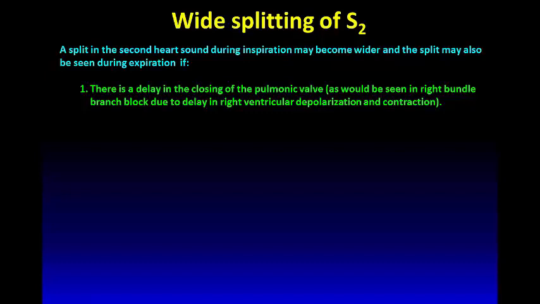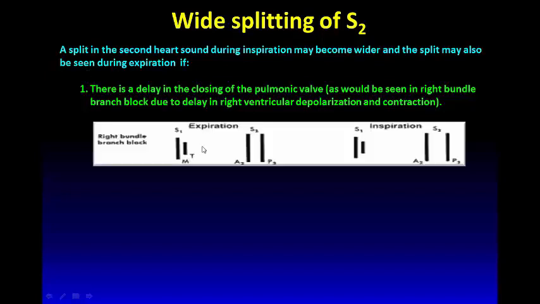So in cases where we have wide splitting of S2, as in right bundle branch block, the splitting of the second heart sound is heard during inspiration, and the split may also be heard and seen during expiration.